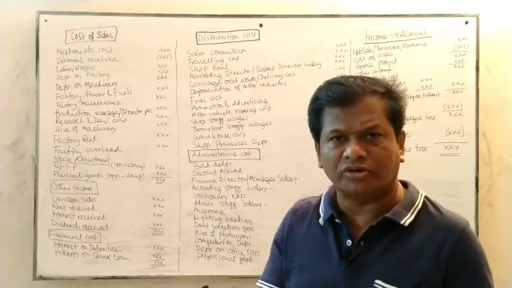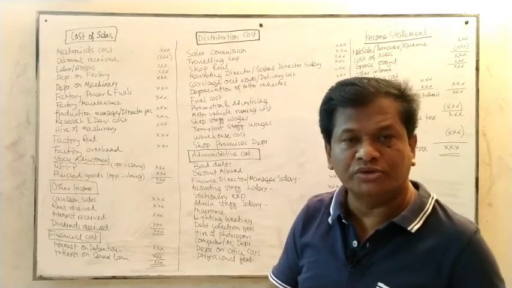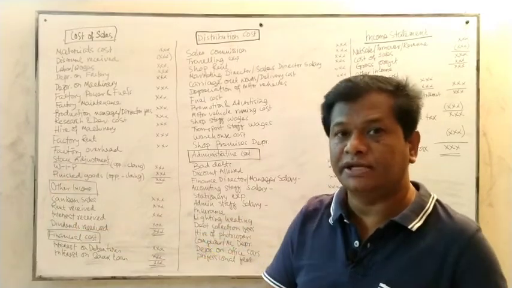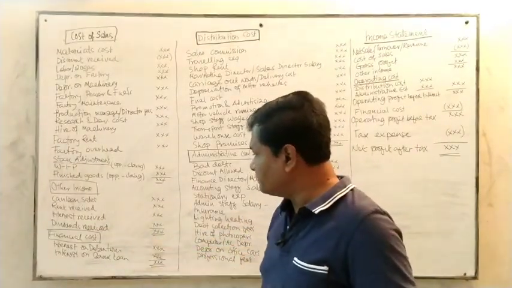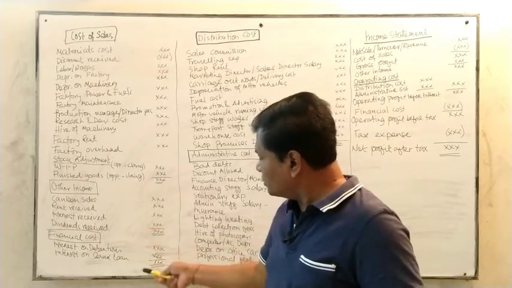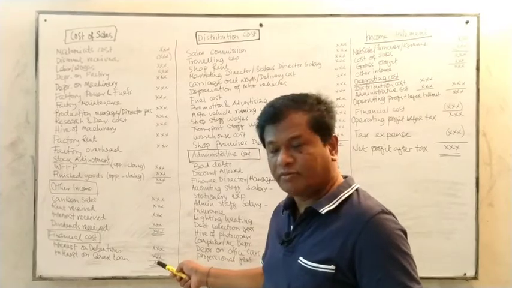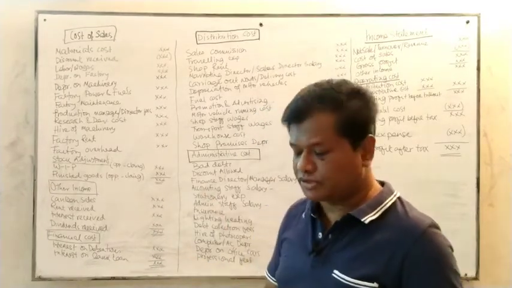This is the financial cost, because you are using that finance, your company is using it. That's why you have to pay something to them. That is called the interest. This is the financial cost. That is written over here. So the total figure is the sum of the figures written over here. This is to go to the income statement.